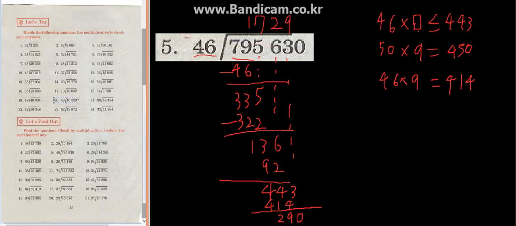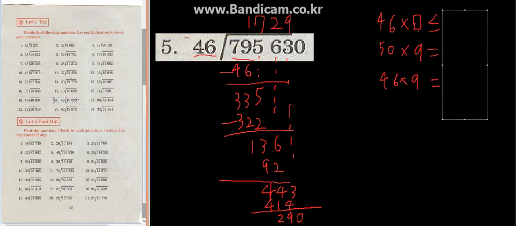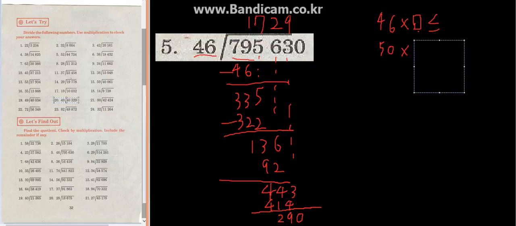Now, this time it's going to be 290, and 290 is about 300-ish. So this is going to be 6, and yeah, 50 multiplied by 6 is 300.